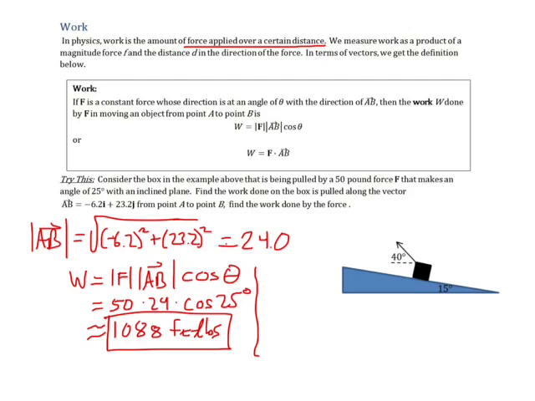Real quickly, the alternate way to go about this is to find our force vector. Our force vector is being pulled up at 40 degrees, with our magnitude of 50, so that would give us F being 50 cosine of 40 and 50 sine of 40.